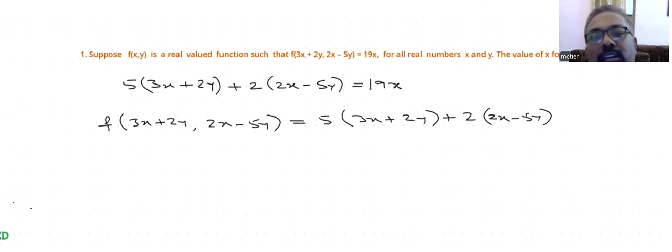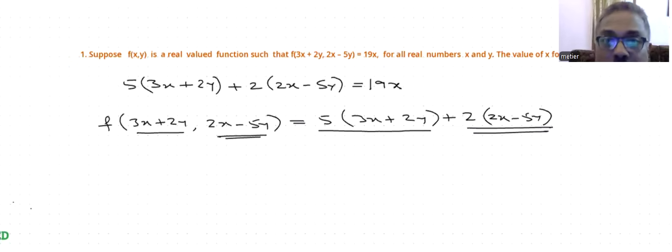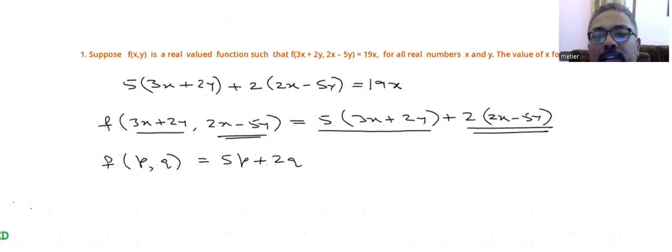The basic of function is that you have to substitute that particular term in that particular place. So we have 3x plus 2y here multiplied by 5 and 2x minus 5y here multiplied by 2. If you simplify it, it will be coming as f(p, q) equals 5p plus 2q. Now, if you put suitable values in places of p and q, you will be getting left hand side to right hand side.